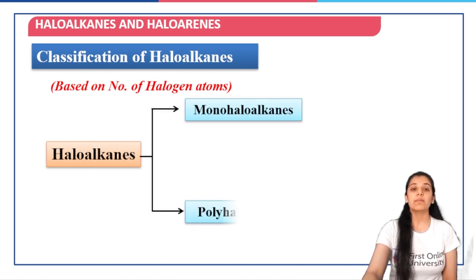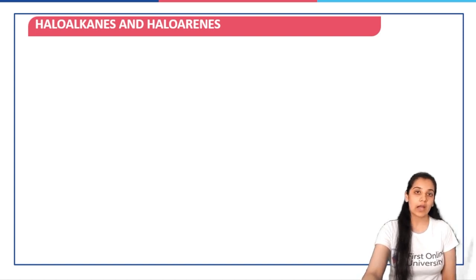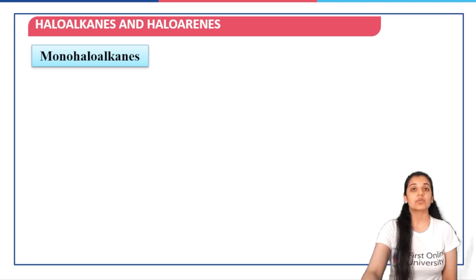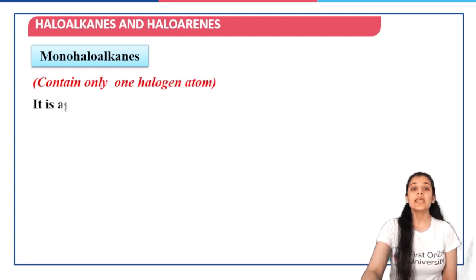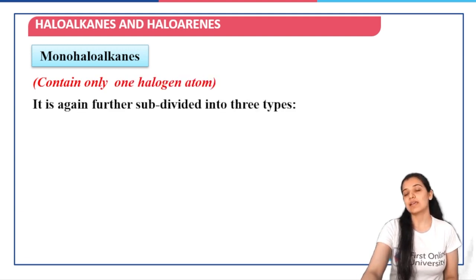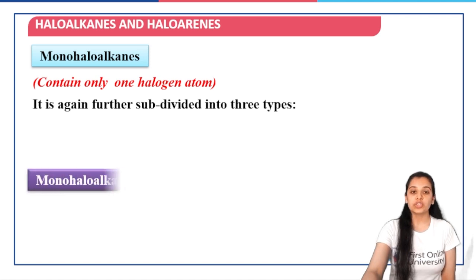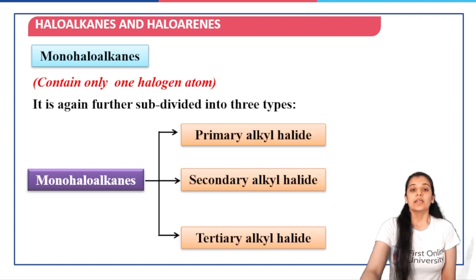So these could be monohaloalkanes or polyhaloalkanes. When we talk about monohaloalkanes, that is those which contain only one halogen atom, they are further subdivided into three types, that is primary alkyl halide, secondary alkyl halide and tertiary alkyl halide.